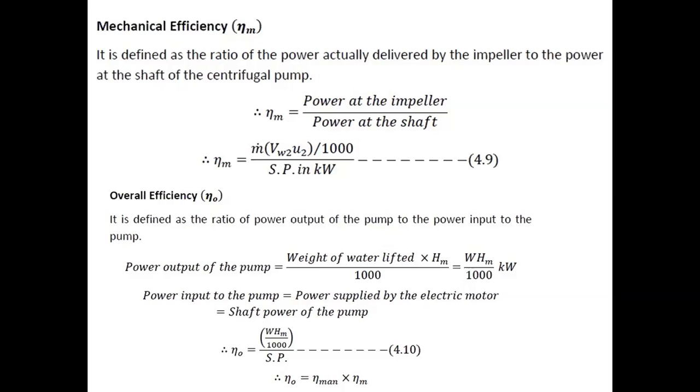The power input to the pump equals the power supplied by the electric motor, that is, the shaft power of the pump. So overall efficiency equals W HM upon 1000 divided by the shaft power. Overall efficiency equals manometric efficiency times mechanical efficiency. This is our overall efficiency.